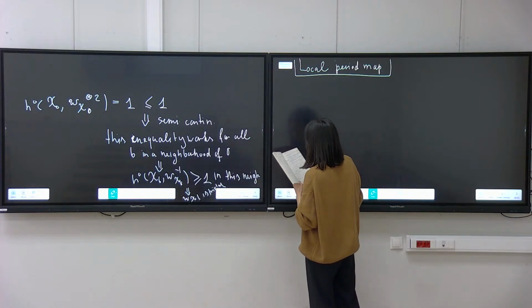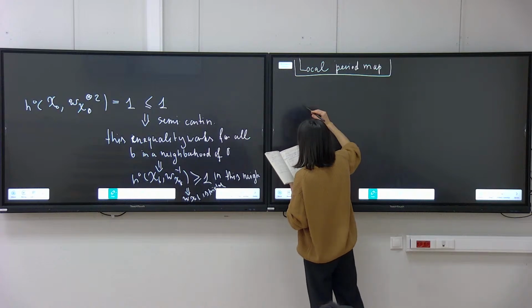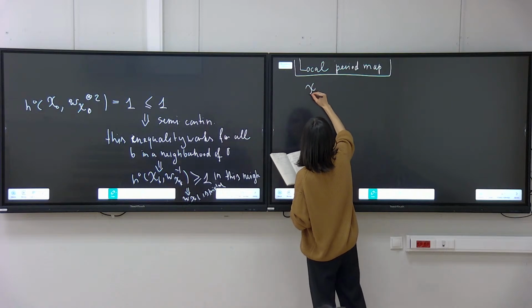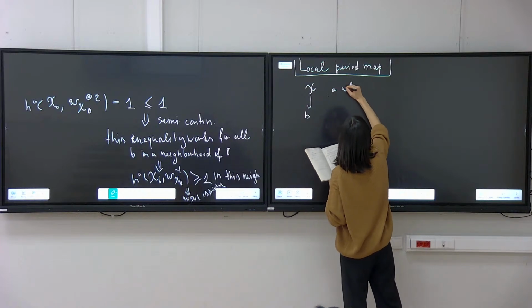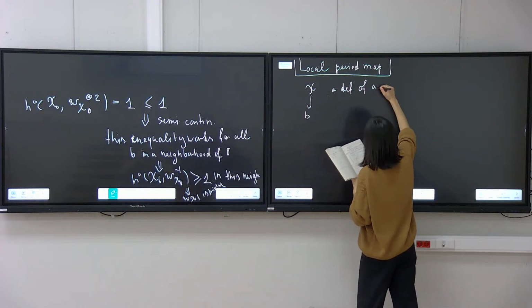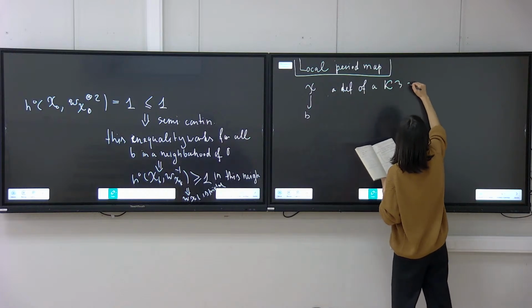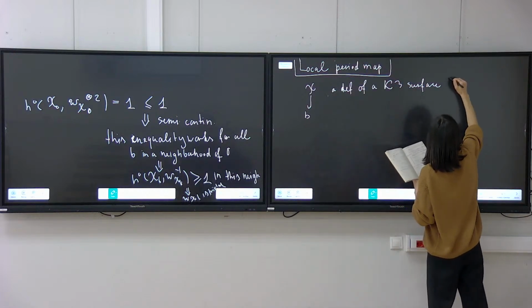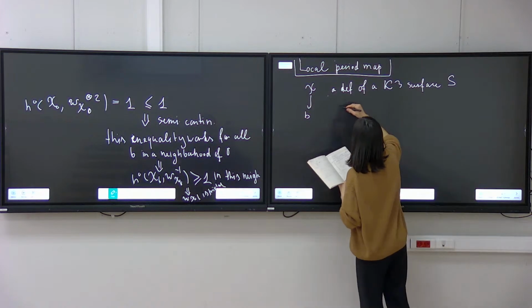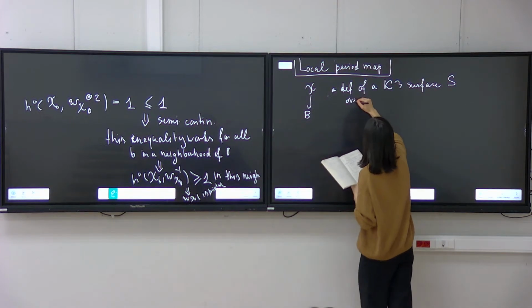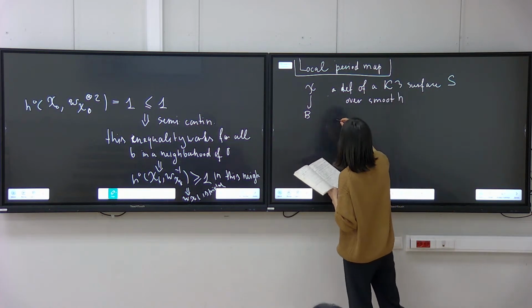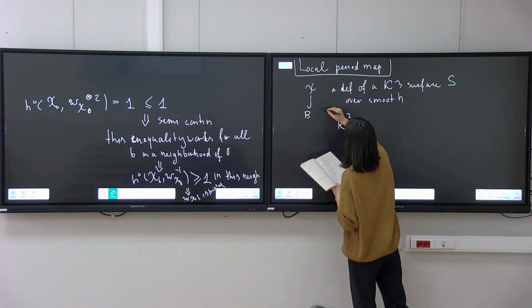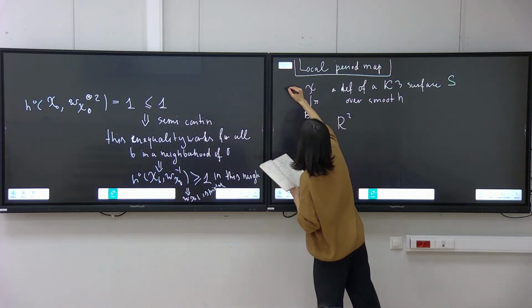So suppose we have a deformation of a K3 surface S over a smooth base B. Last time we discussed local systems.